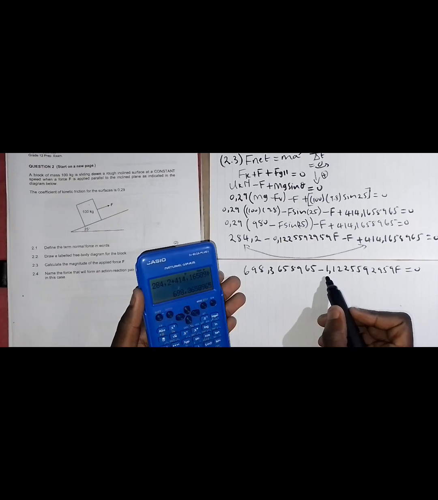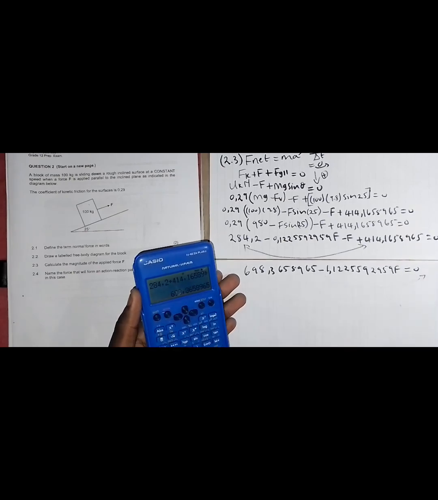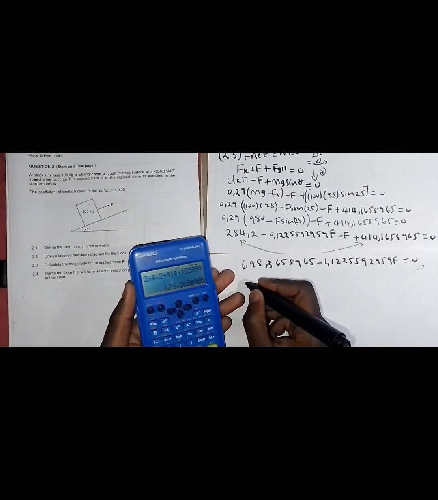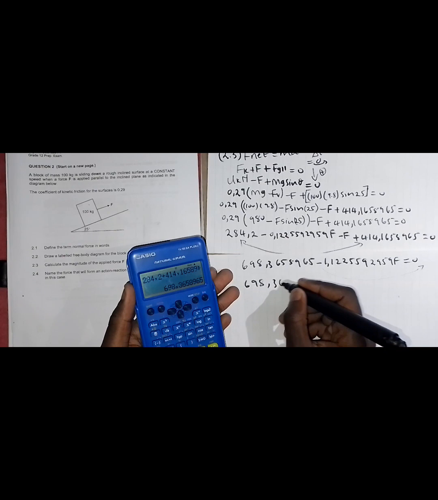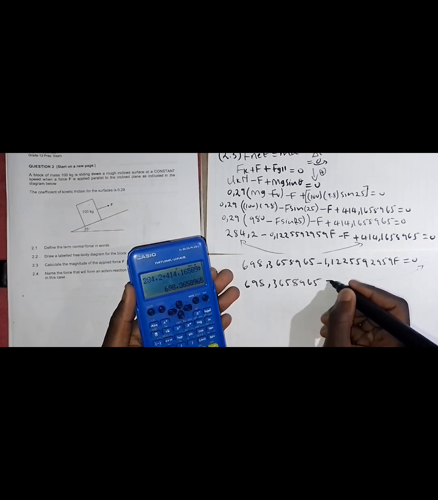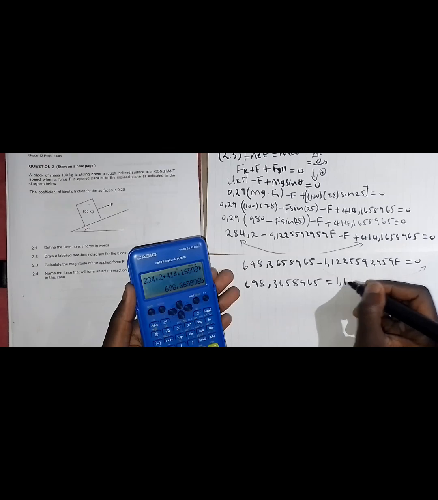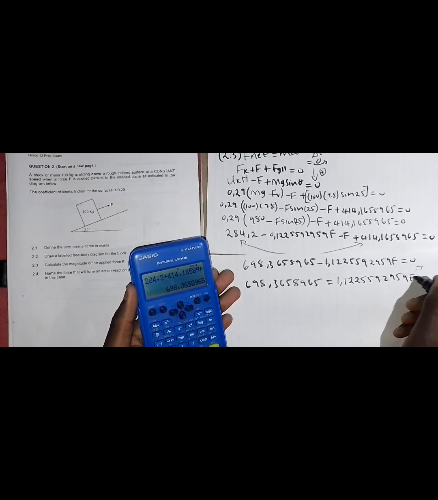Then we are now going to transpose this one to that side so that it can be positive. Then we're going to have 698.3658965 equal to 1.1225592959 F.